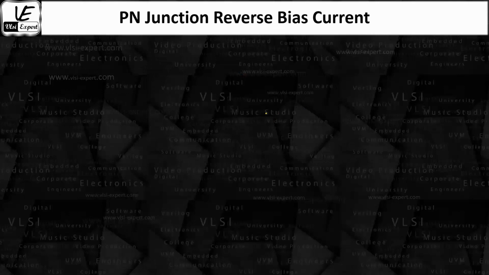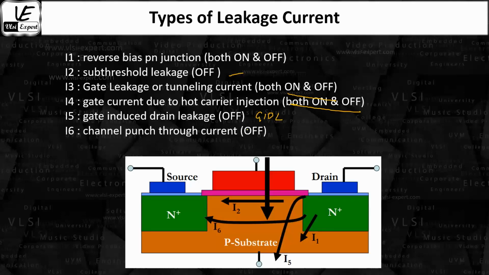The first one we have is the PN junction reverse bias current. As we saw in the previous slide, this I1 component, the reverse bias PN junction current, is present when the device is on and off. Now we can see this is a P substrate and this is an N-type drain and N-type source.